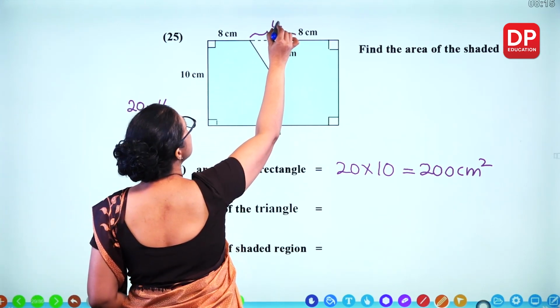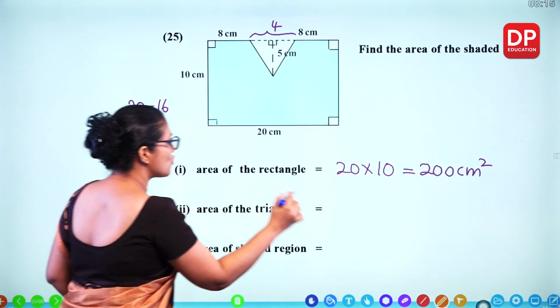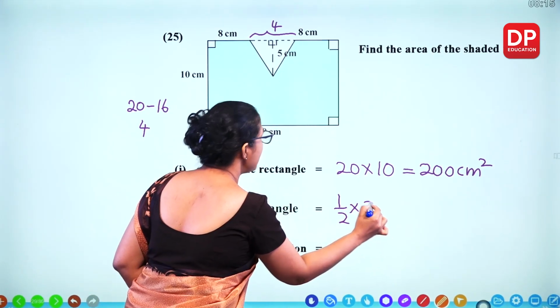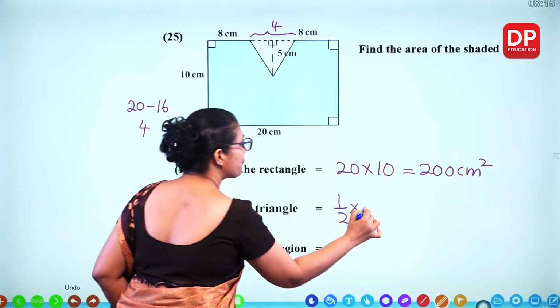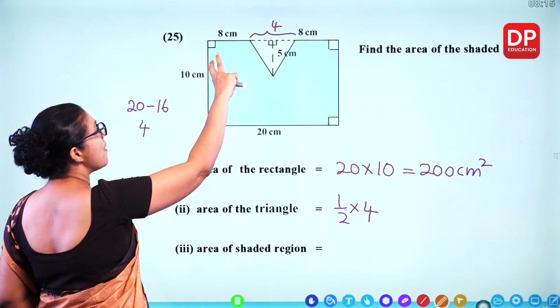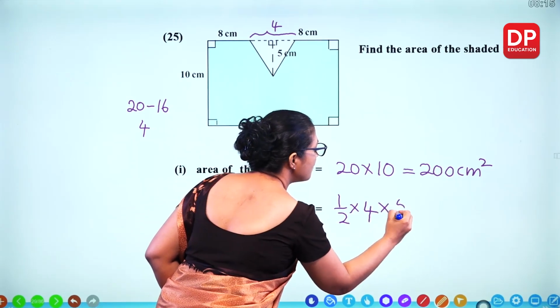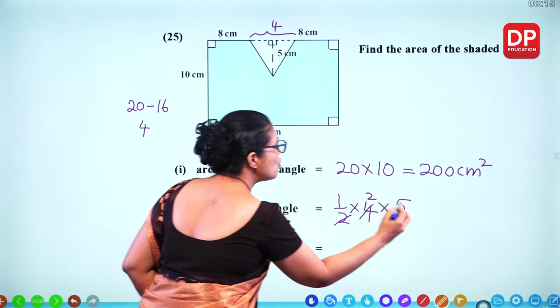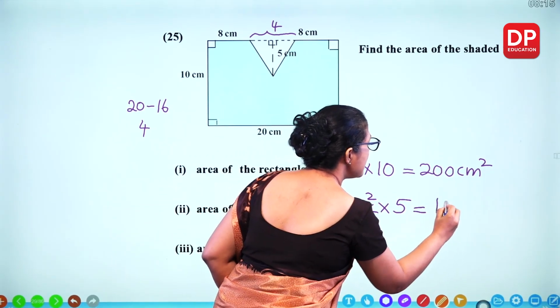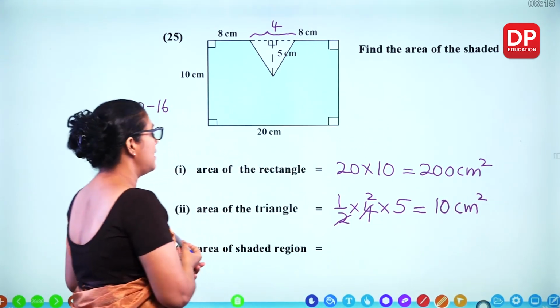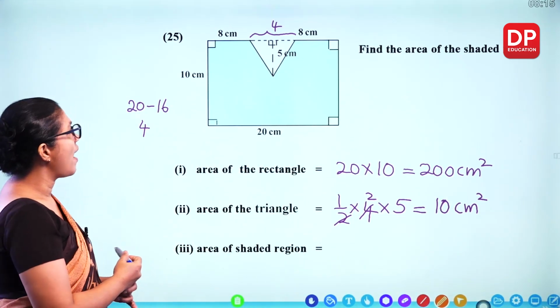So 4 is the base length. So what's the area of this triangle? Half times base length 4 and the perpendicular height is this 5. So 2 times 2, 2 times 5 is 10. 10 square centimeters is the area of the triangle.